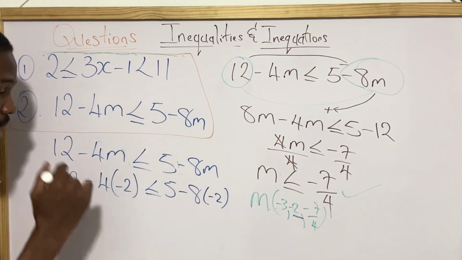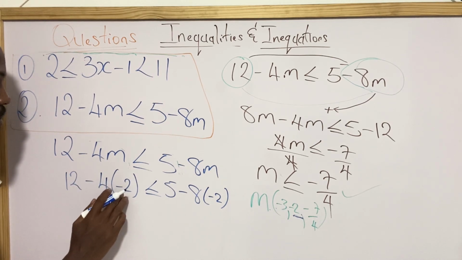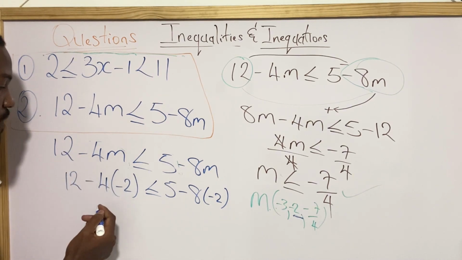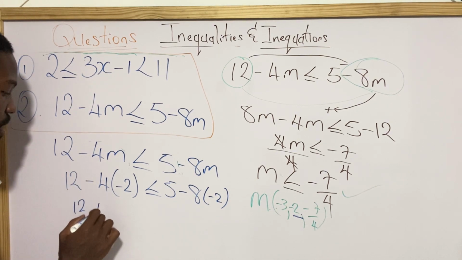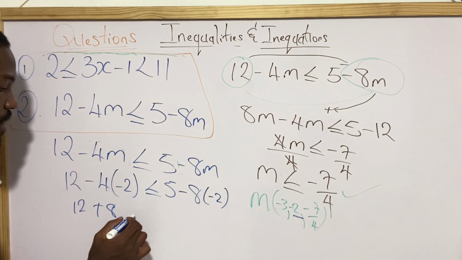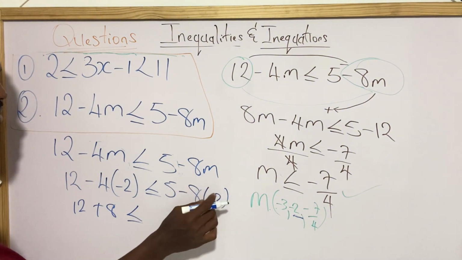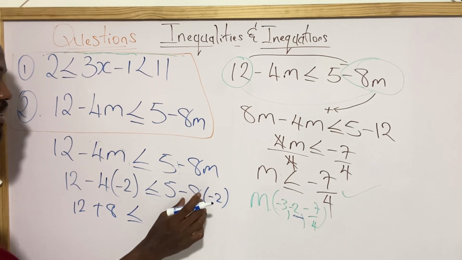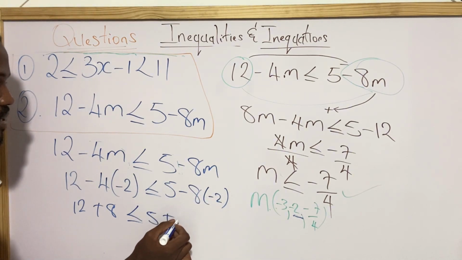If we go ahead and multiply, 4 times negative 2 is going to give me negative 8. A negative and a negative is going to give me a positive, so I'm going to have positive 8. And here, negative 8 times negative 2 gives negative 16, and negative and negative is going to give me a positive, so we have plus 16 right there.